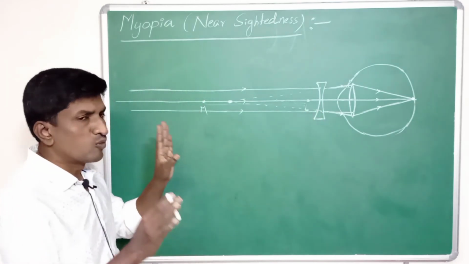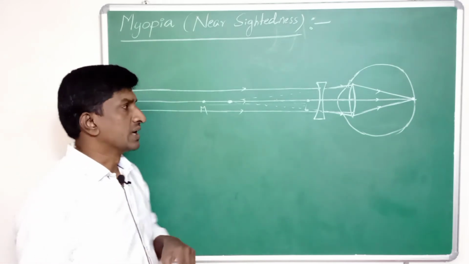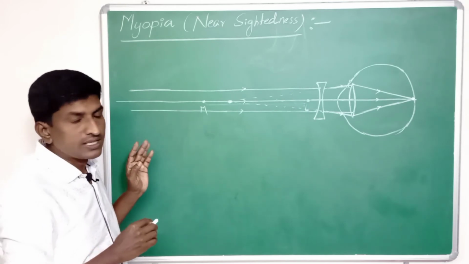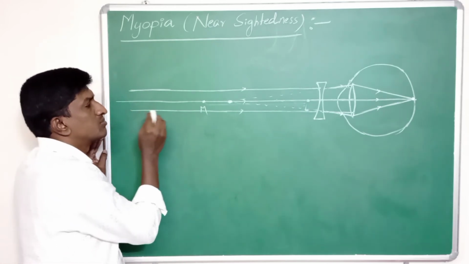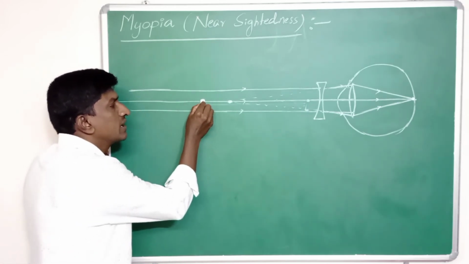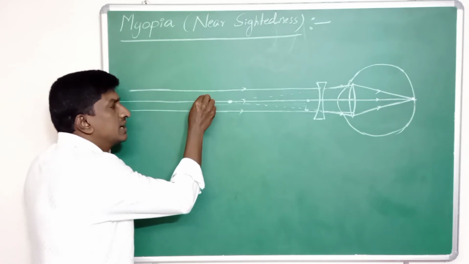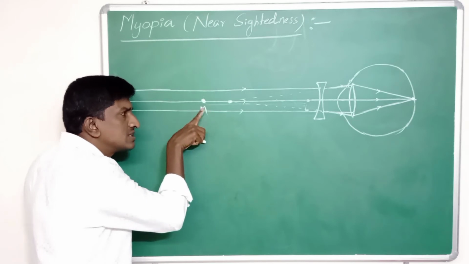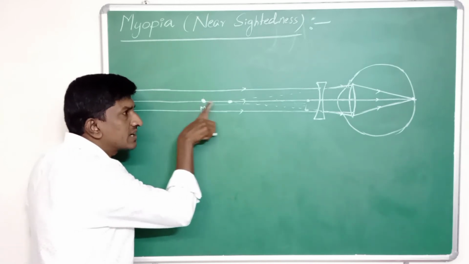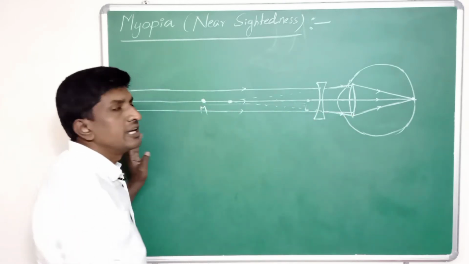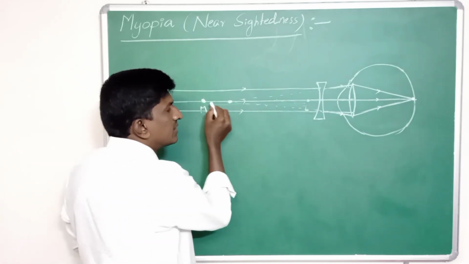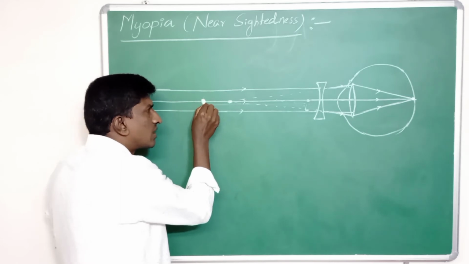Here one thing we have to remember: the object is outside M or at infinite distance. The image of that object, at least, we have to bring onto the far point M. Then up to here our eye lens forms the image clearly, or in between L and M, but at least onto M.